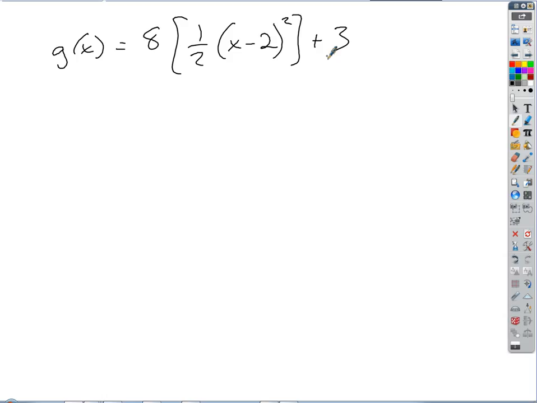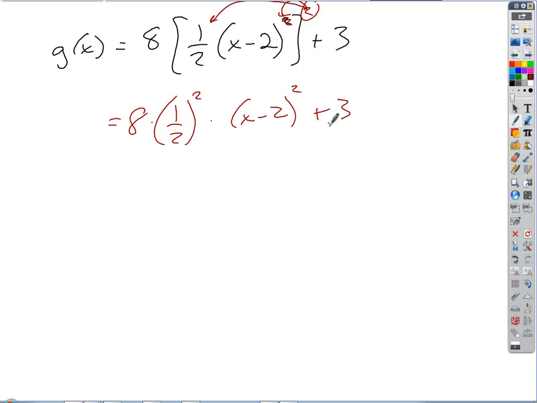That's sort of complicated. Let's do our little trick, and let's distribute this squared, which is supposed to be out there. We're going to distribute that to both parts, right? So now it ends up looking like 8 times 1 over 2 squared times x minus 2 squared plus 3. But what's 1 over 2 quantity squared? 1 squared over 2 squared, right?